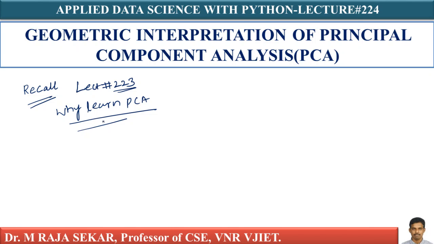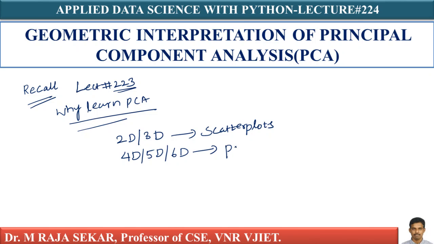We humans have the power to visualize only 2D, 3D data using scatter plots. I already discussed what scatter plots are in data visualization techniques. Again, 4D, 5D, 6D data can be visualized using pairwise plots, simply pair plots.